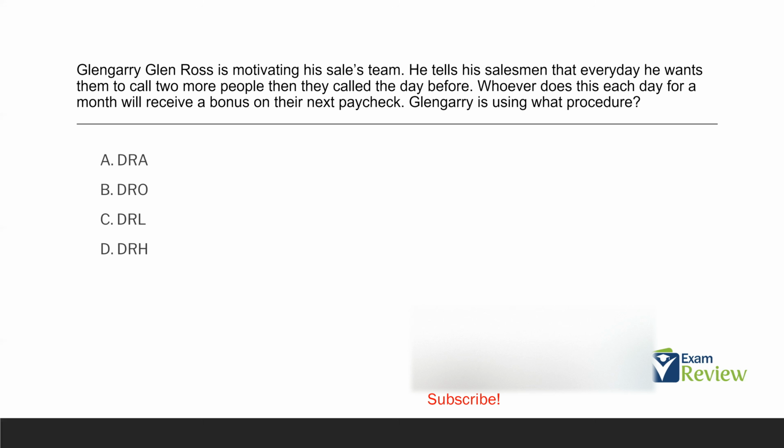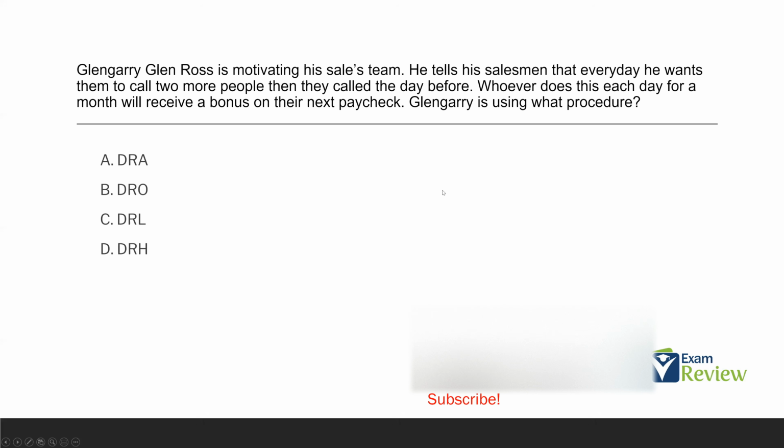First off, always ask yourself, are we teaching a replacement behavior? If we are, then it's typically going to be a DRA or a DRI procedure. If you aren't teaching a replacement, then it's going to be a DRO, DRL, DRH, or DRD, because those don't teach replacement behaviors. They focus on increasing or decreasing behaviors that are already occurring.